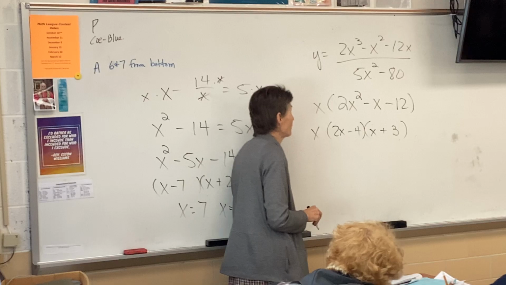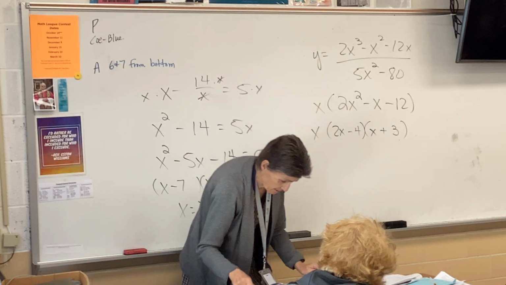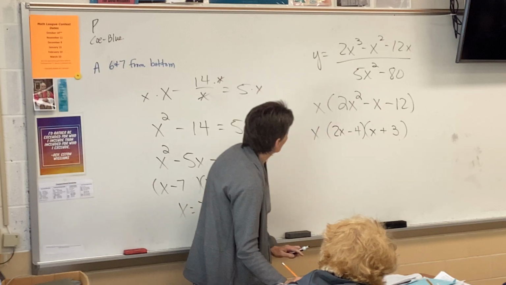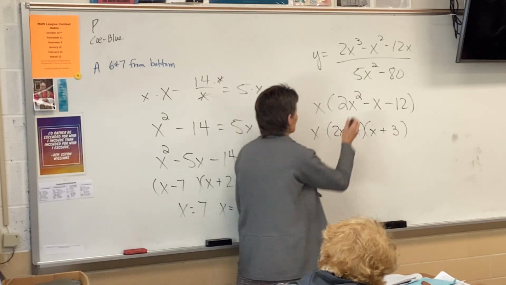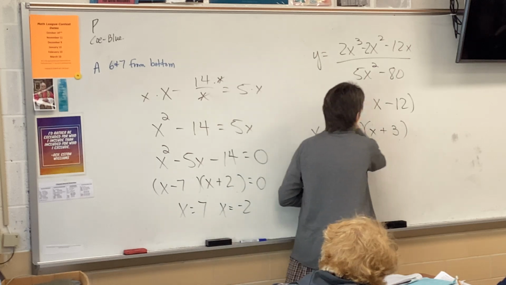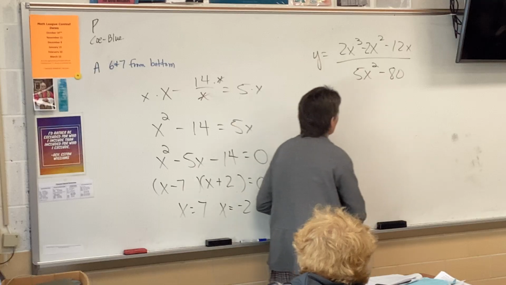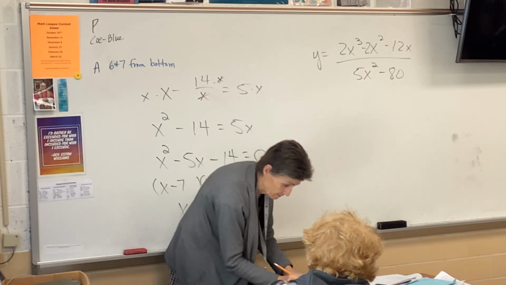I got to rewrite my problem. I'm sorry, that's a mistake. I think there was supposed to be a 2 right here. I'm sorry. Erase everything. Just start over again. I think there's supposed to be a 2 right there.